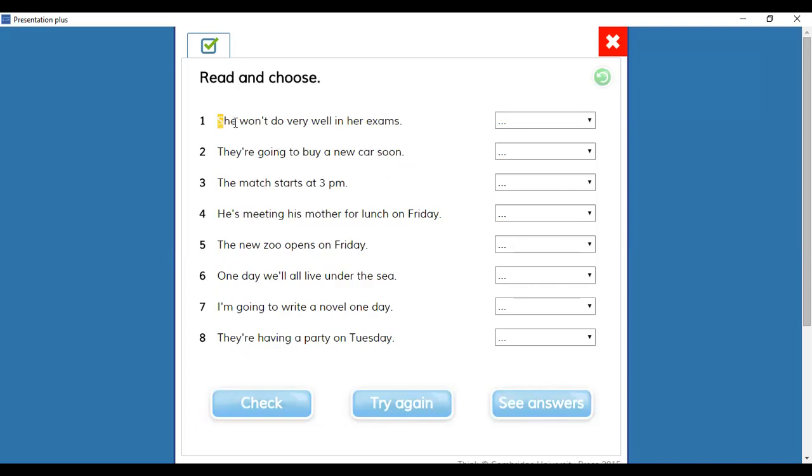So it says here, we won't do very well in the exams. She won't do very well in her exams. What is this? Is it a prediction, an intention, an arrangement, or a fixed event? Prediction. It's a prediction. We have the future will. It's a prediction based on maybe not real evidence, just my opinion.